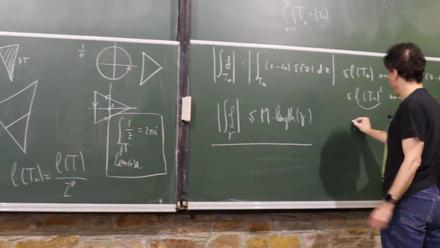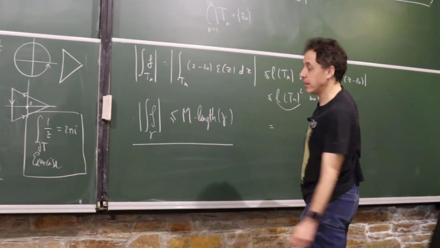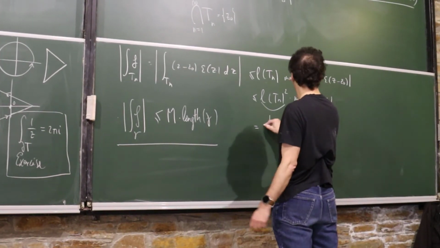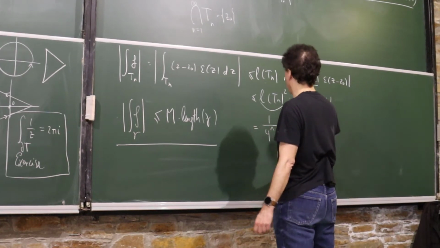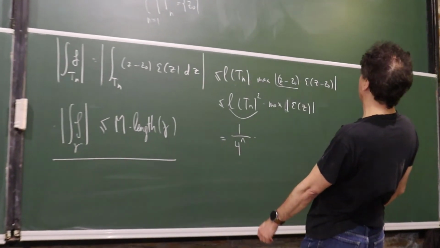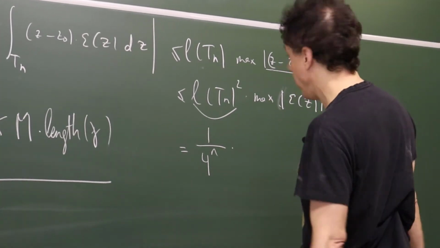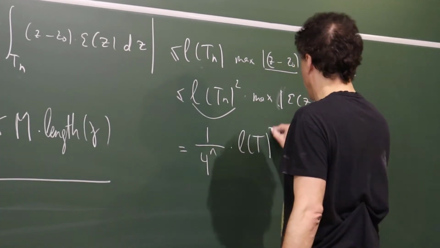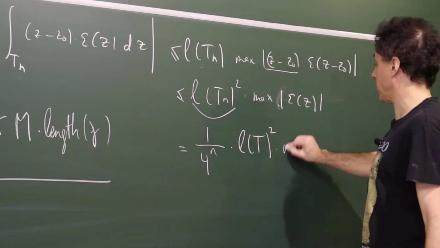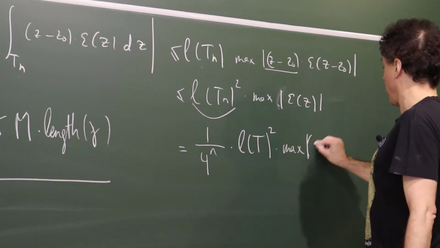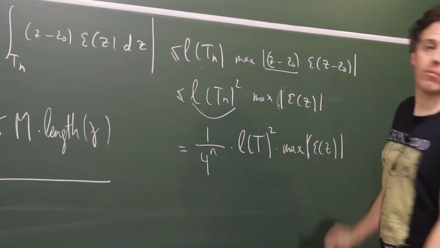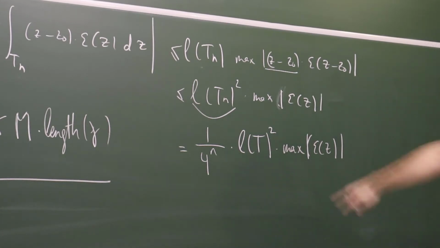So we have something like 1 over 4 to the n, the length of T squared, times this maximum. Something like this must be. You have 4 to the n because we have the square here.